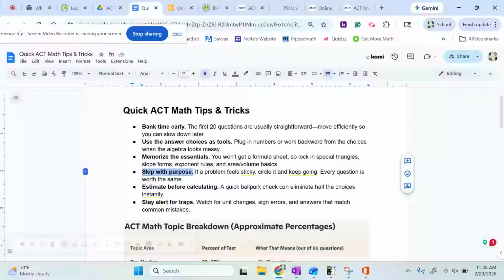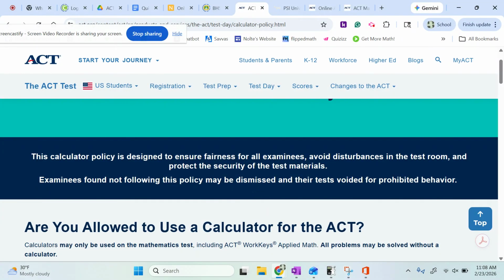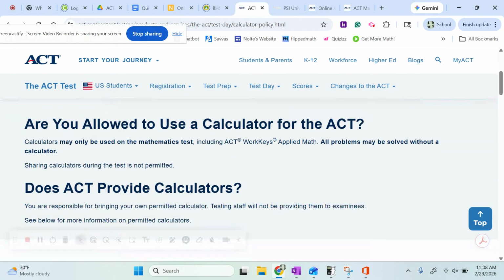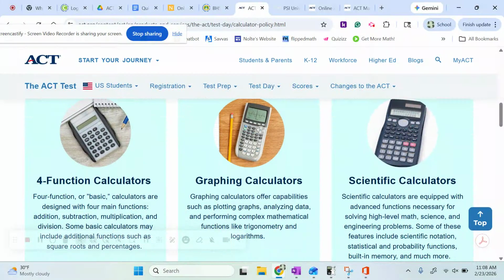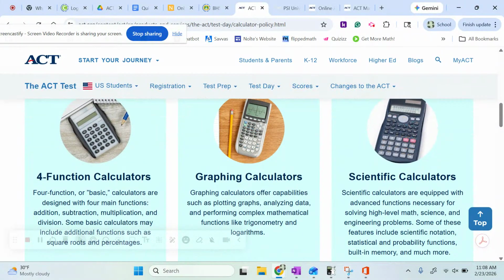Of course, if you don't have a calculator, but you should have a calculator. So this piece right here is really important. Make sure that when you do take your ACT, you get to have a calculator, okay? Everybody is allowed to use a TI-84 graphing calculator. There are other possible calculators that you can use, but if you are efficient at using a TI-84, you can use that.